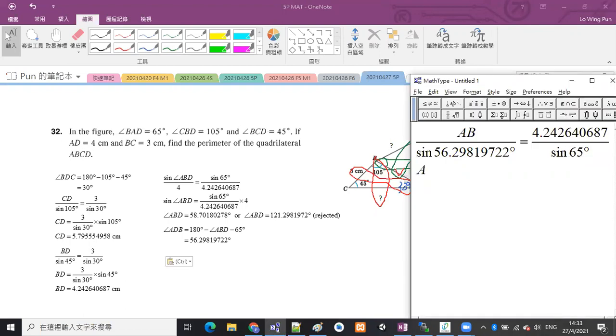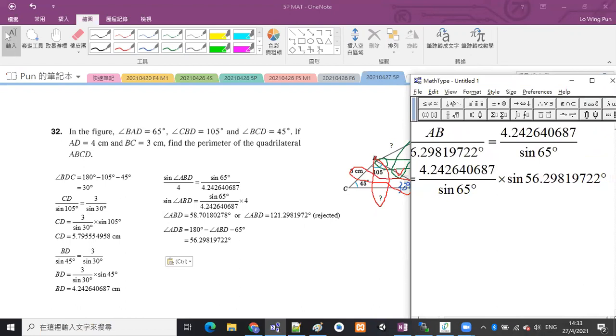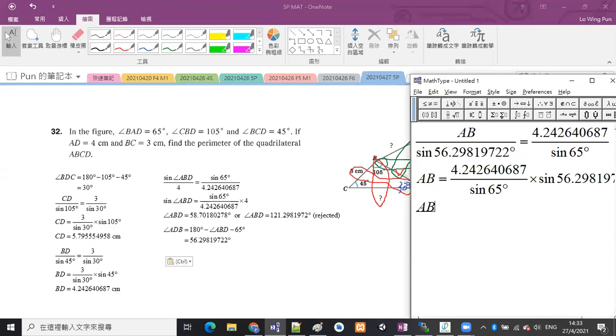Okay, so AB is equal to this number times sine this number. Okay, and then use the calculator. So it should be 3.89 something cm.